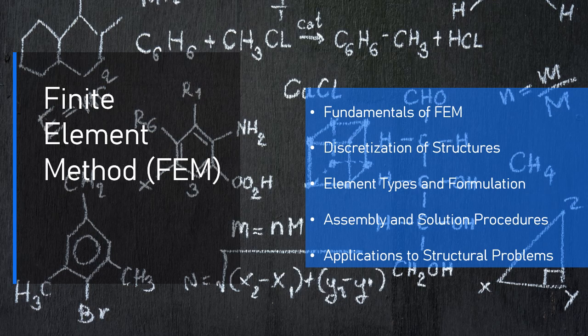Boundary conditions. FEM can easily accommodate different types of boundary conditions, such as fixed, roller, or sliding supports. Accurate solutions. The method provides a numerical approximation that can be made as accurate as needed by refining the mesh, i.e., using smaller elements.